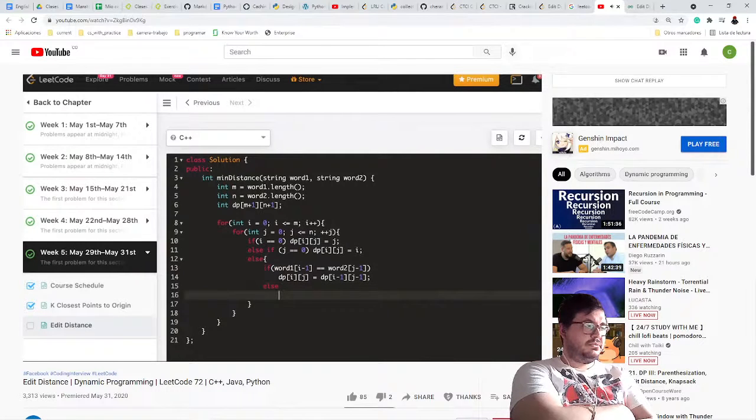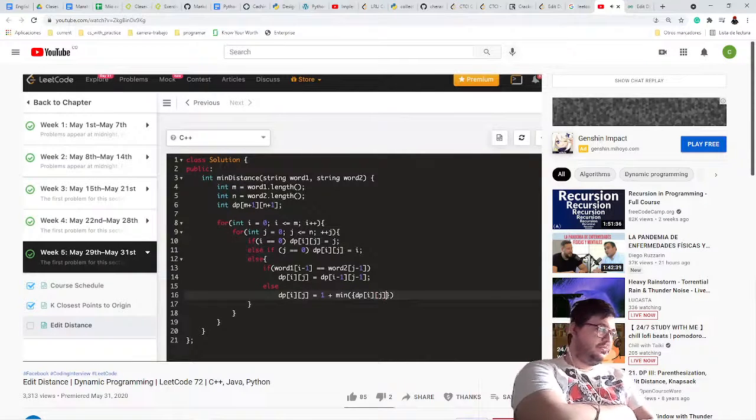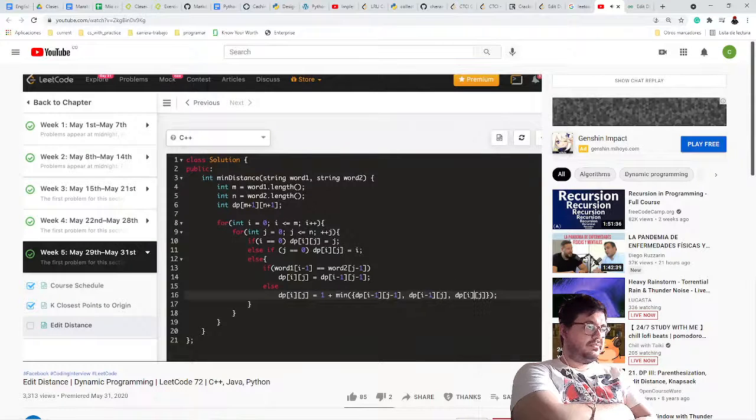else the min of 3 values: dp[i minus 1][j minus 1], dp[i minus 1][j], and dp[i][j minus 1], plus 1.